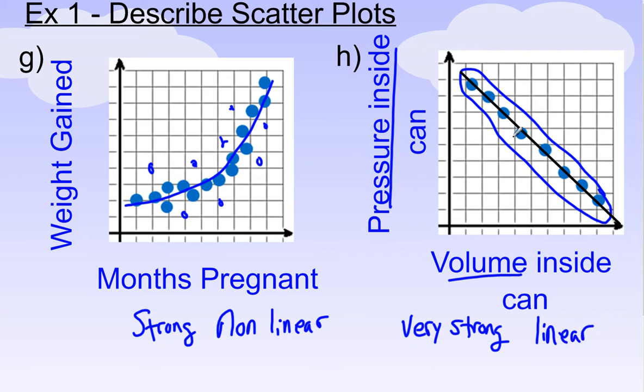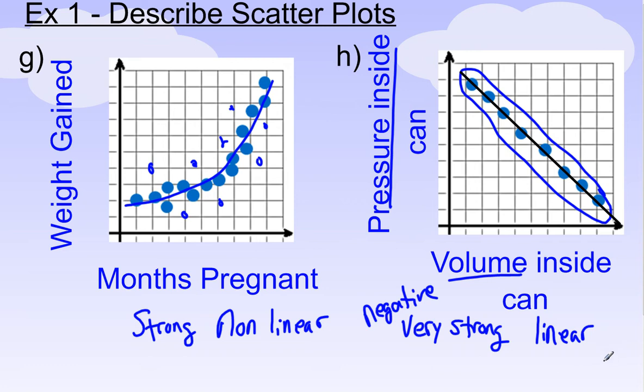and we didn't say if this is positive or negative. This line is going down, meaning if you increase the volume in a can, the pressure inside of that can decreases. The pressure is going down as the volume is going up. So this is a negative, very strong linear correlation.